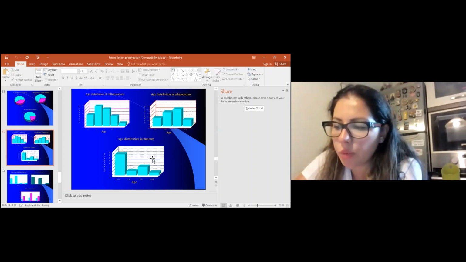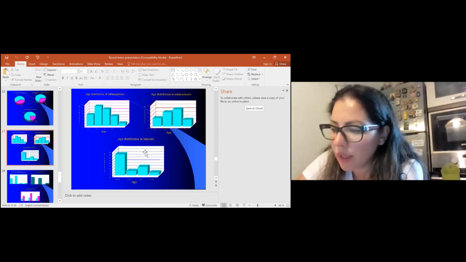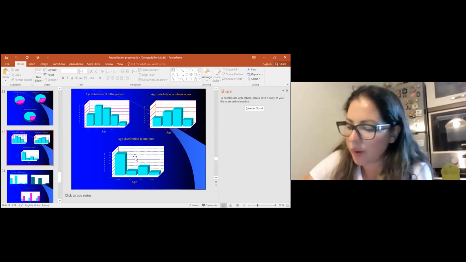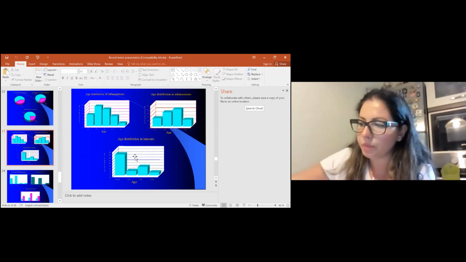And age distribution in tumors is predominant between 3 months and 3.5 years. This is because these groups include hyperplastic thymus, which in fact presents as pseudotumors and not real tumors. That's why we have a big difference here.